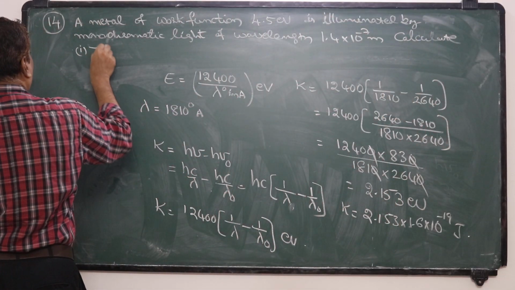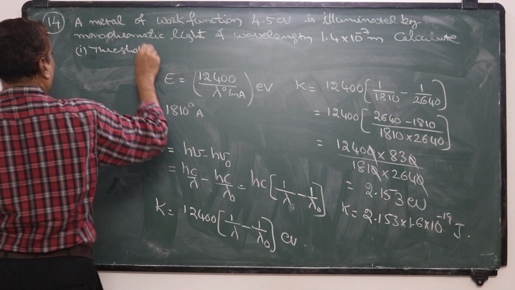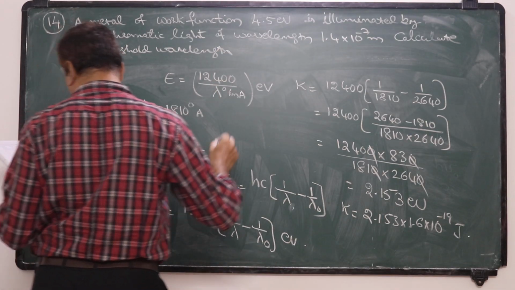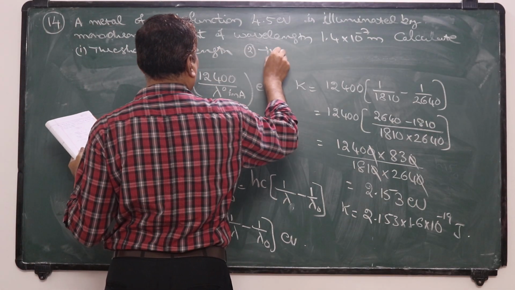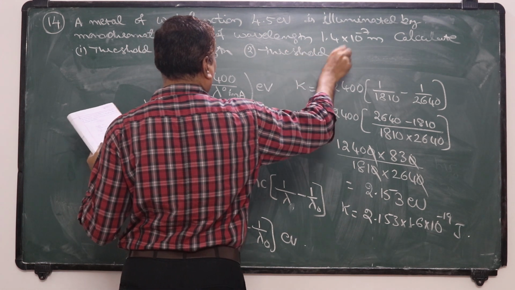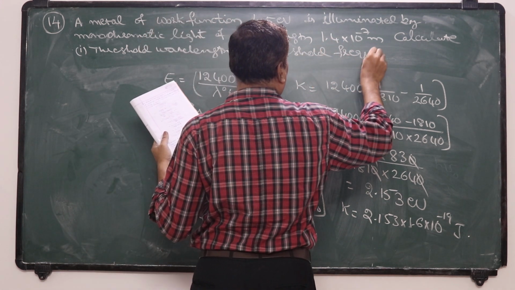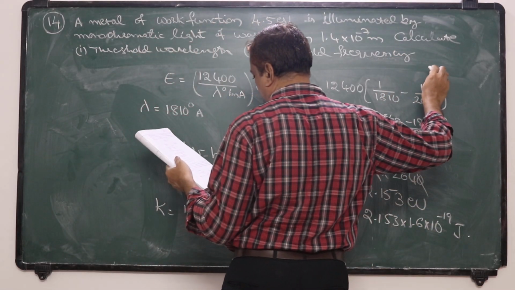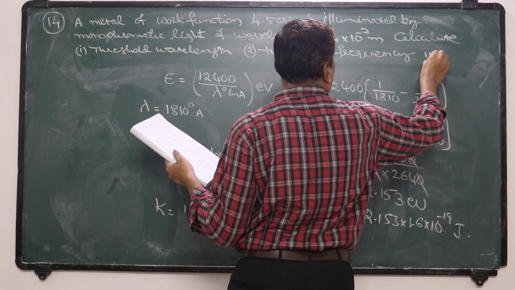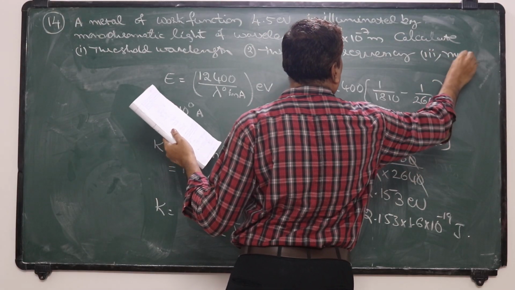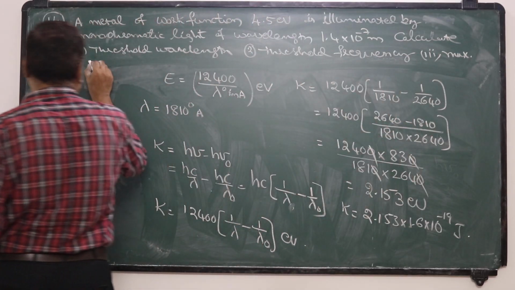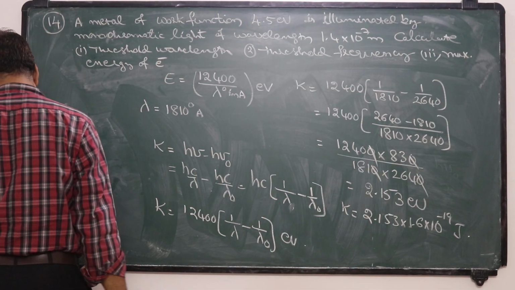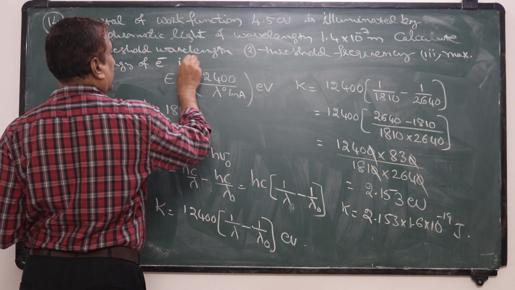Number 1, threshold wavelength, threshold frequency, maximum energy of electrons, and cutoff potential.